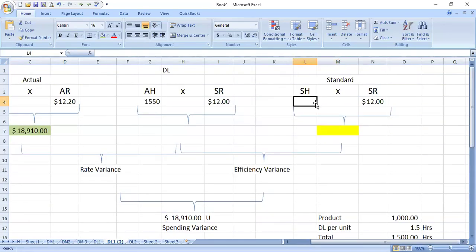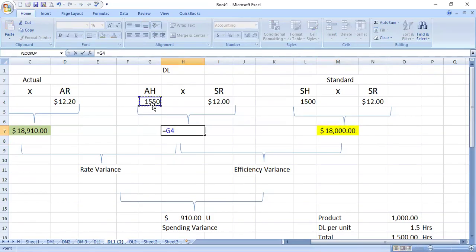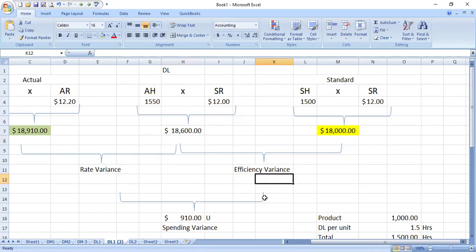When we plug in 1,500 hours, we can start doing our calculations. The first calculation here will be this one times $12. The next calculation will be this one times $12 again. And we're going to start seeing our variances. First will be efficiency variance. Where is our efficiency variance?